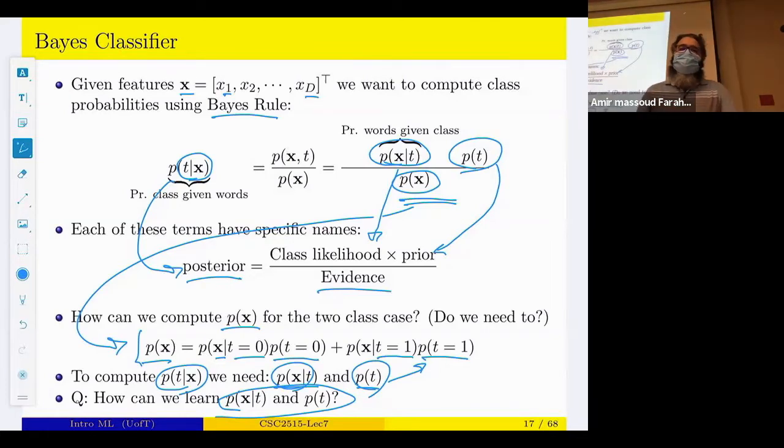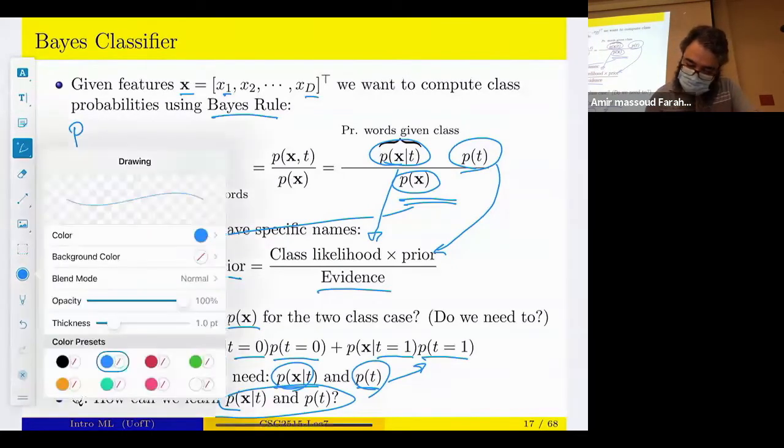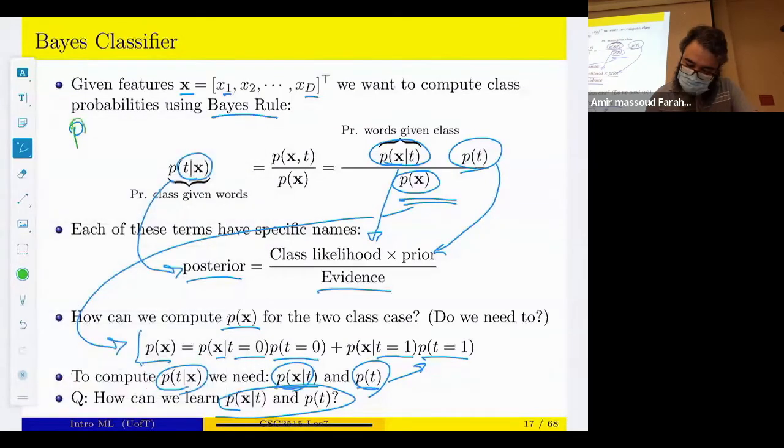Suppose you compute, you have two classes, so you compute P of class T equal to 1 conditioned on X. Suppose this is 0.6 and this is 0.4 for simplicity.